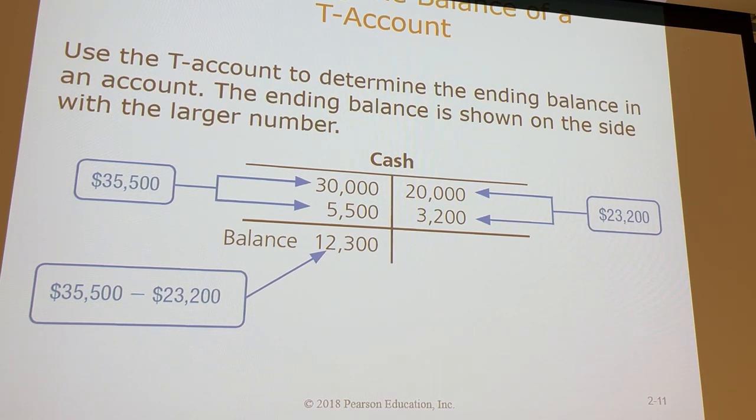Then we take the difference between the debits and the credits, which would be $12,300, and we put that difference on whichever side is the greater of the two. So the greater side here is the debit side, so that's where we put the balance of $12,300. And as we were saying before, the normal balance for cash being an asset account is in fact a debit. So it's not surprising here that the balance would be on the debit side of the cash account.